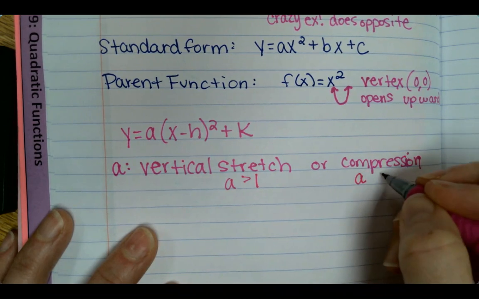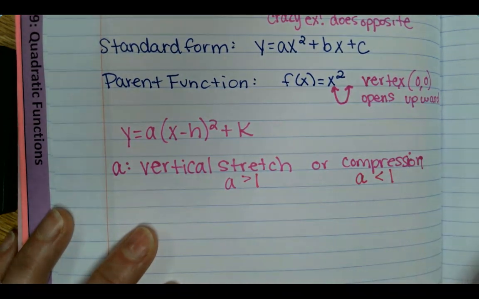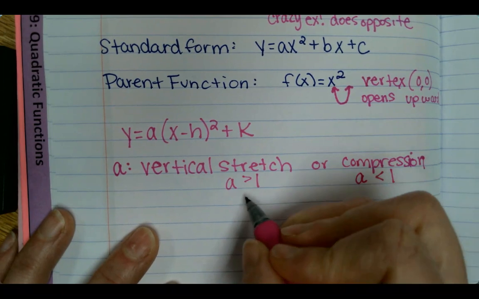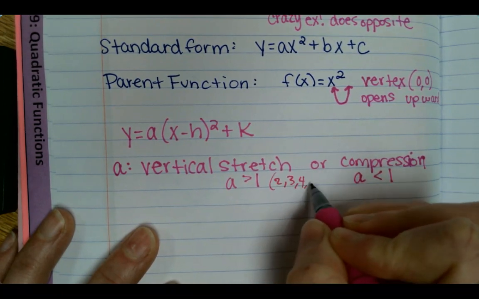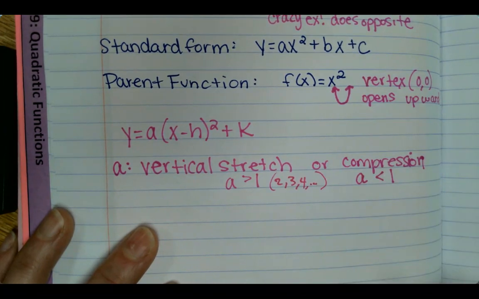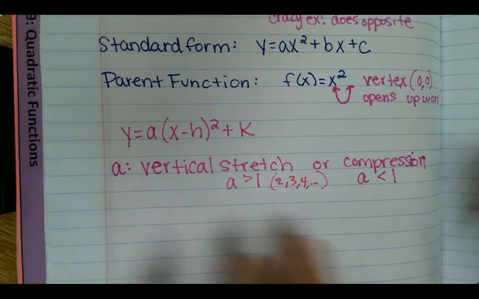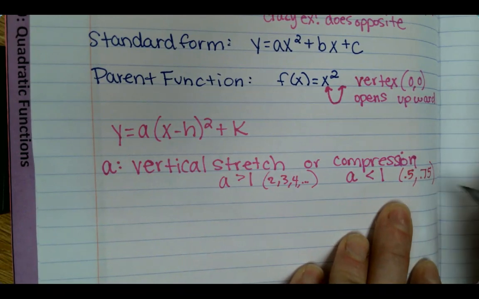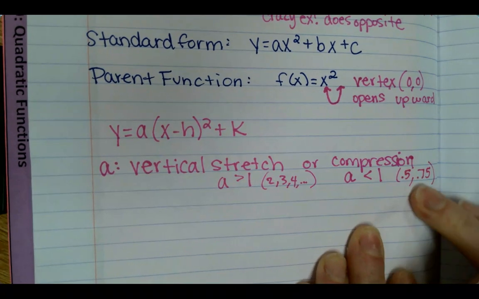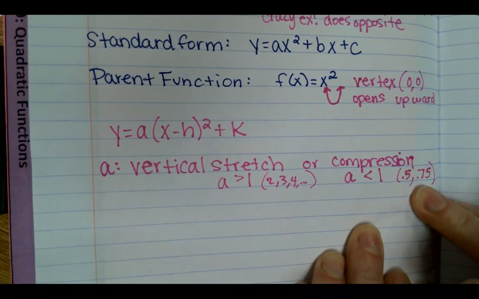If A is less than 1, it's a compression. So this would be like 2, 3, 4, so on. This would be like 0.5 or 0.75. Those are the numbers that we're looking at whenever you see compression.